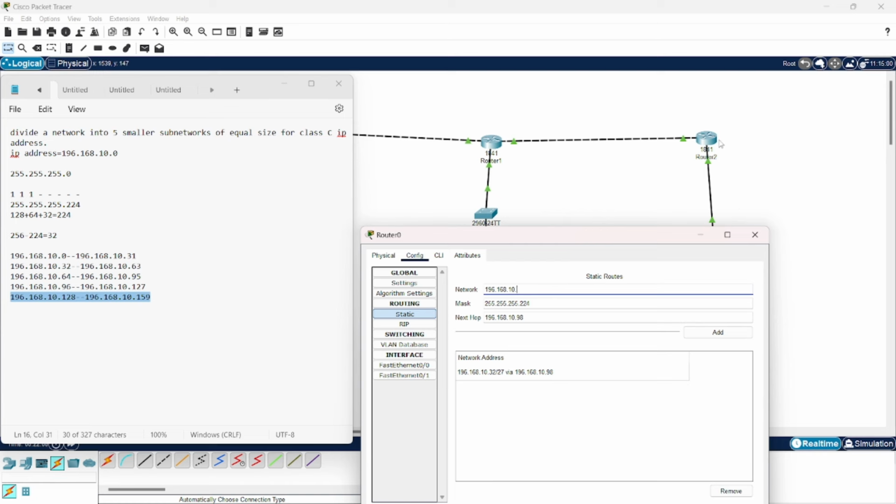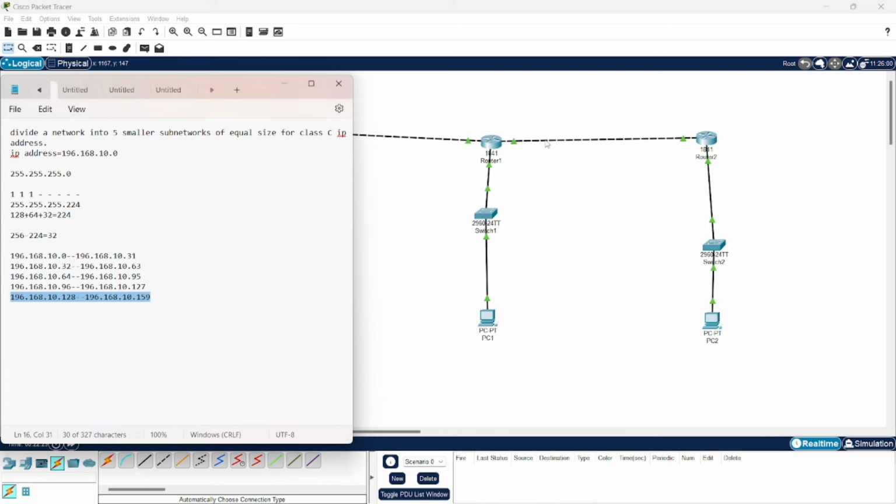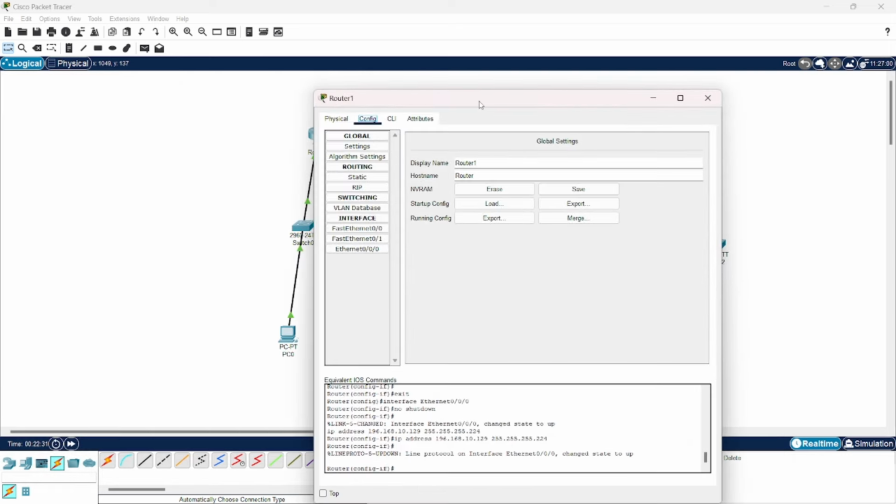This is the second network I would tell it about. And finally about this network. For the first router we are done.